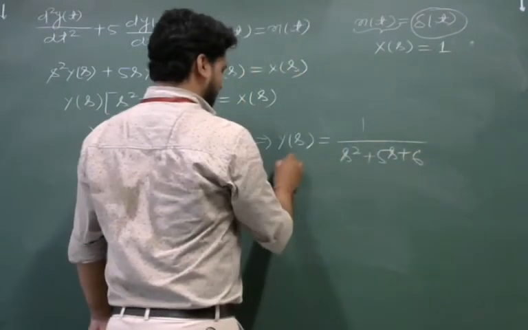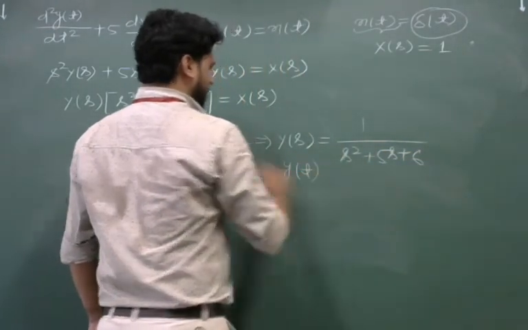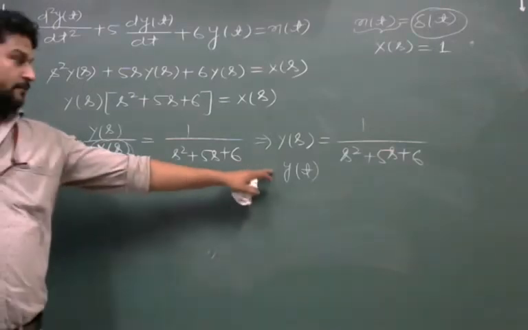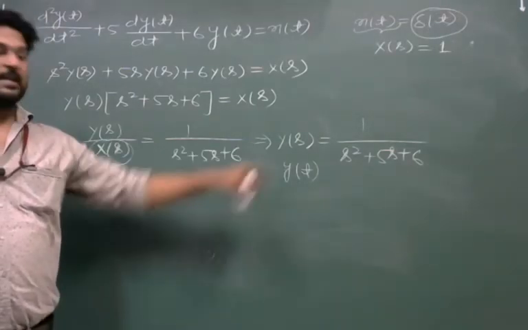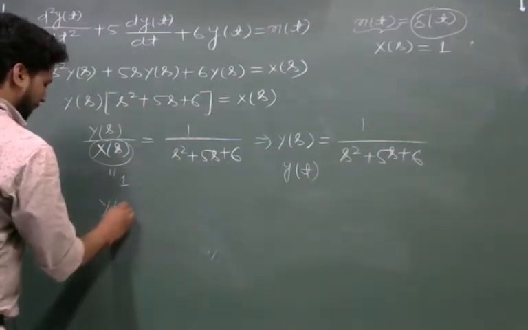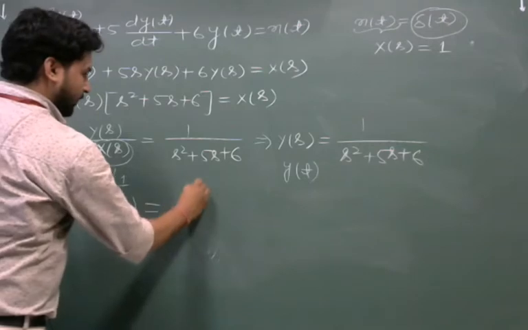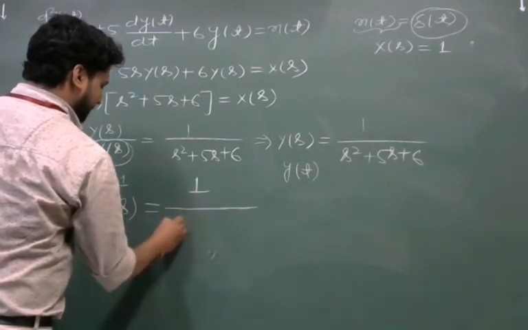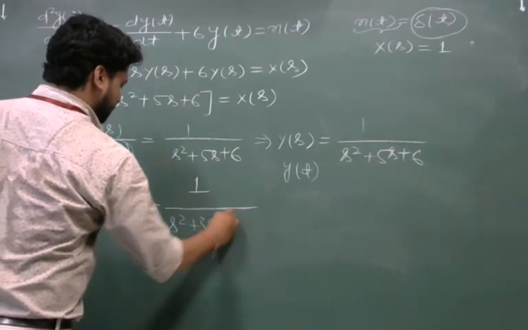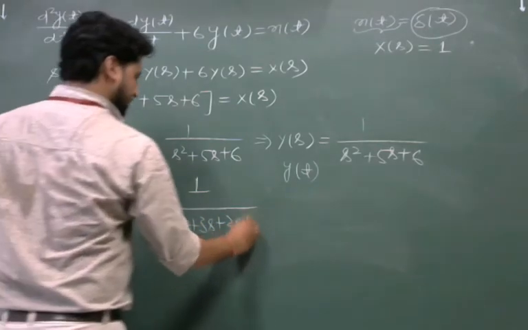And from here we have to calculate y(t). How can we get y(t) from here? We will take the inverse Laplace transform of this given relation for Y(s). So this Y(s) can now be written as 1/(s² + 3s + 2s + 6).